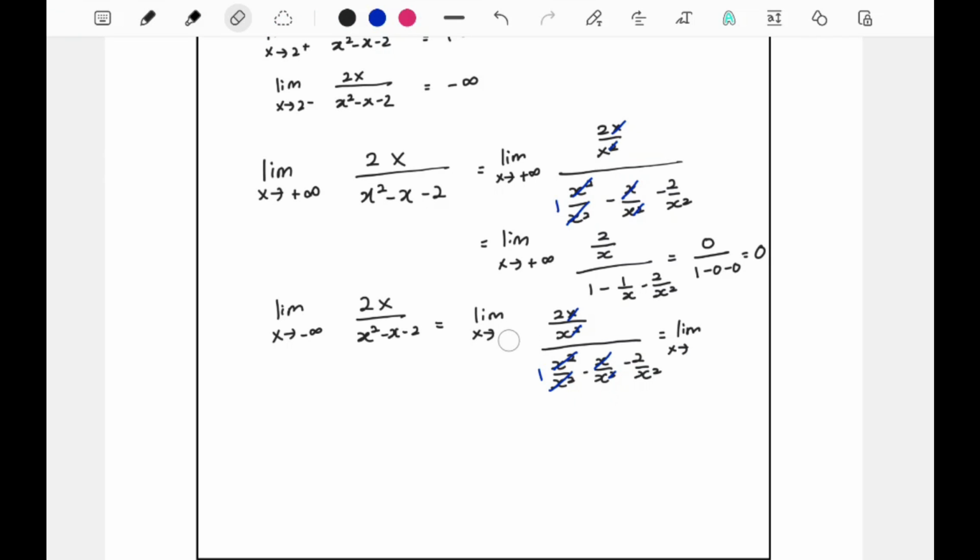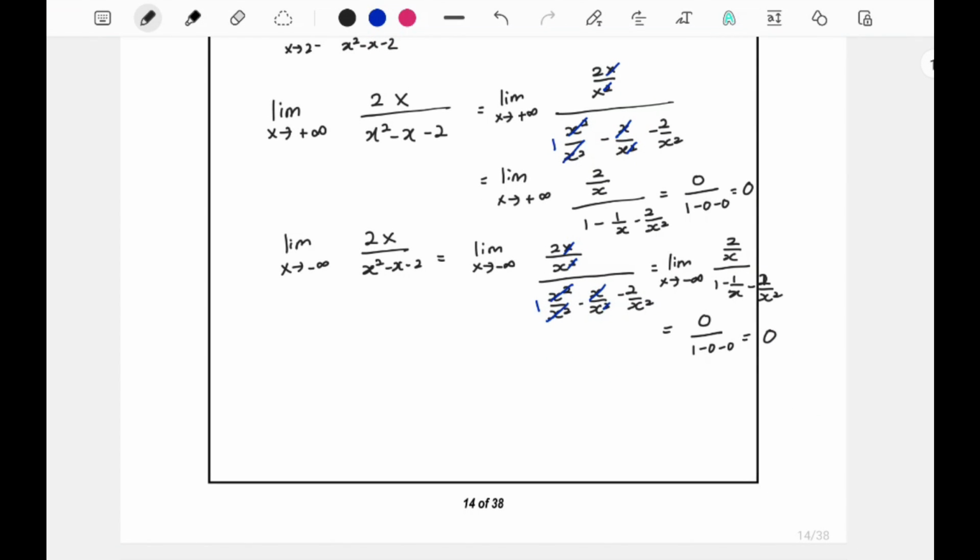Sorry, this is not positive infinity, it's going to be negative infinity. So 2 over x over 1 minus 1 over x minus 2 over x squared. When we substitute, you're going to get 0 over 1 minus 0 minus 0, so the answer is also 0. So we're going to conclude y equals 0 is the horizontal asymptote.